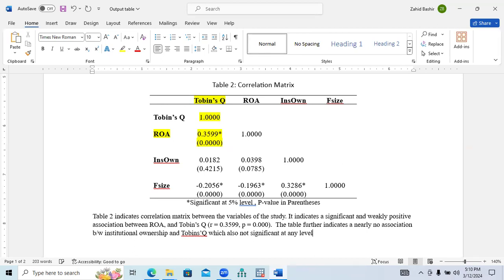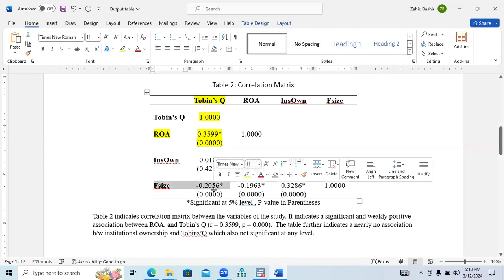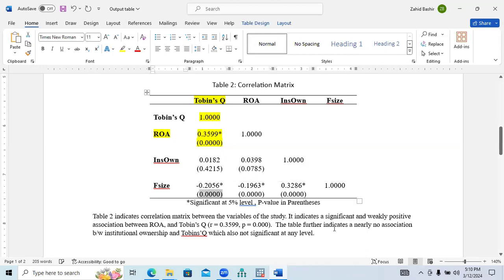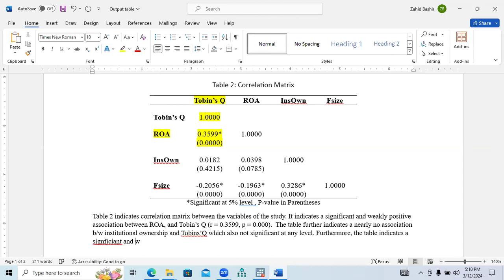And in the same way, firm size indicates a weak negative correlation, but it is significant. Further, significant negative.